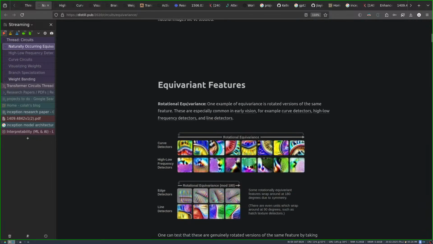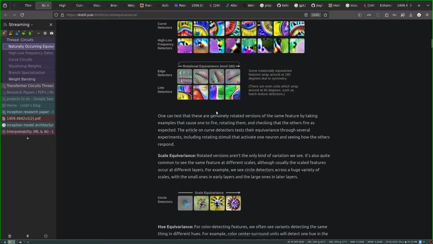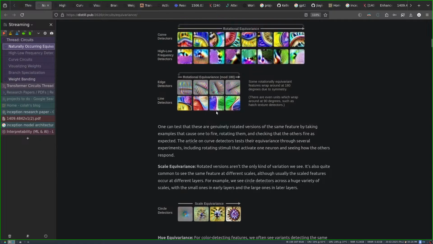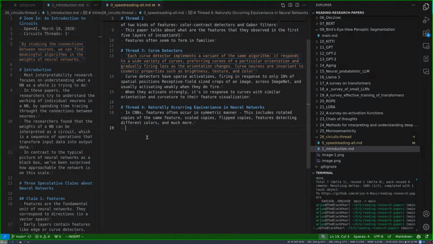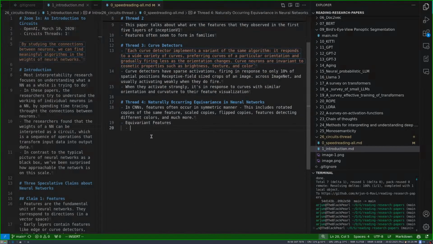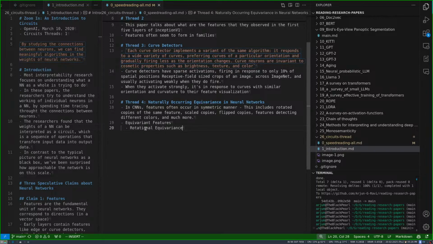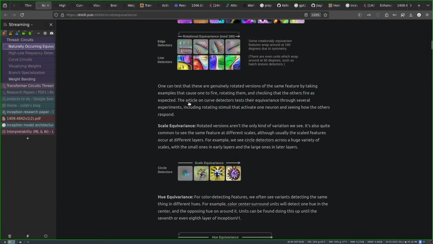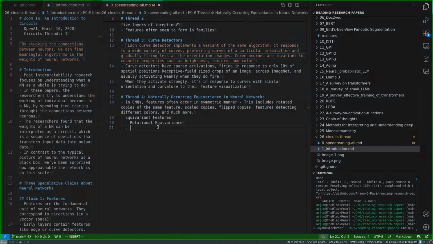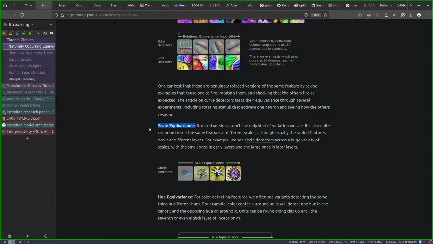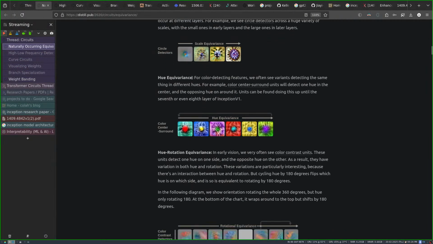Equivariant features. Rotational equivariance. One type of equivariance is a rotated version of the feature. Okay, so equivariant feature: there is rotational equivariance, scale equivariance, hue equivariance.